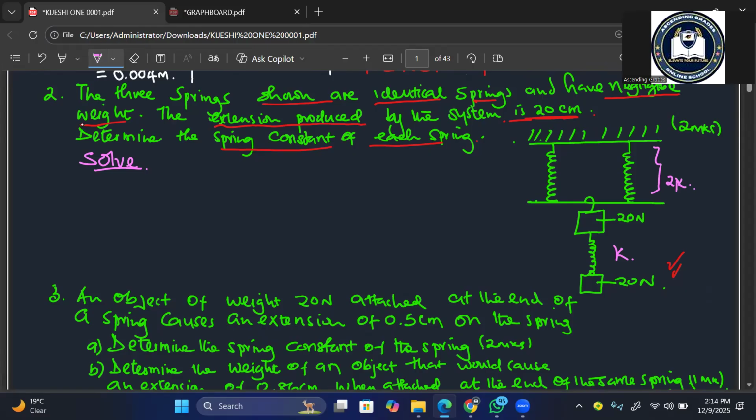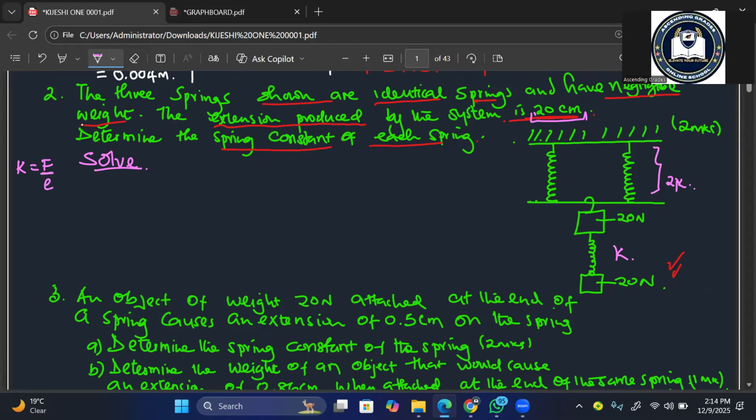Now we are supposed to find an equation where we can get to production of an extension of 20 centimeters. Therefore, originally or basically, we know that spring constant is given by force over extension.